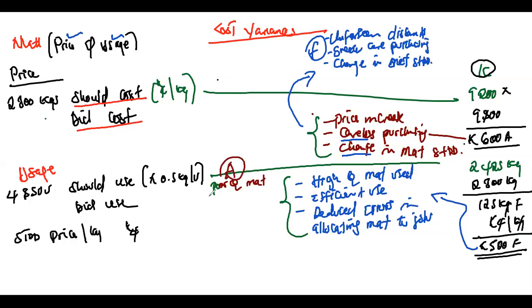And then sometimes it could also be that there was excessive waste in the use of material, because people are just not caring. And then sometimes it could also be stricter quality control. So all those things may cause this variance.